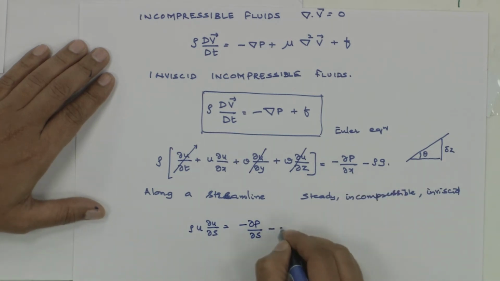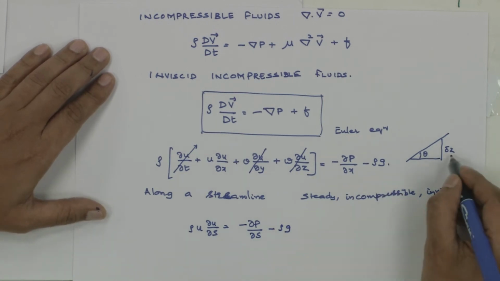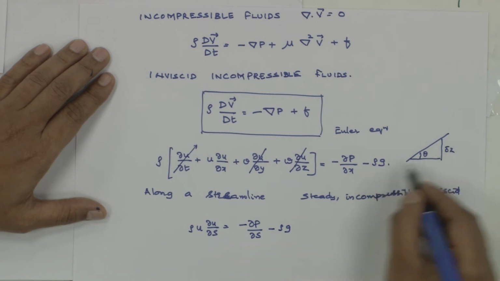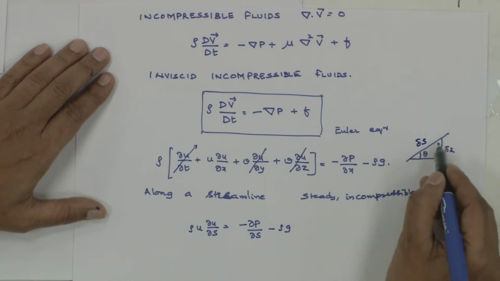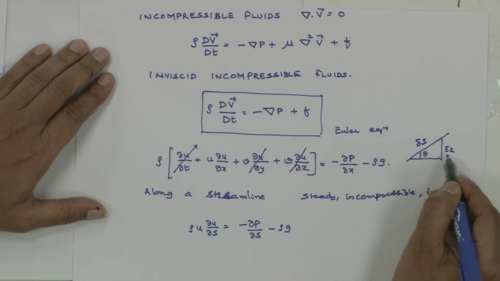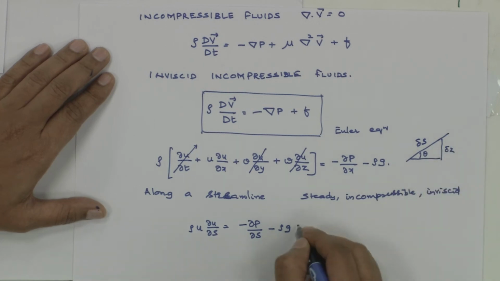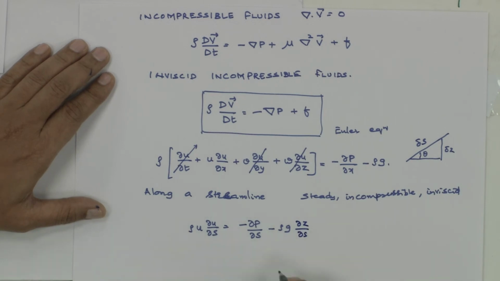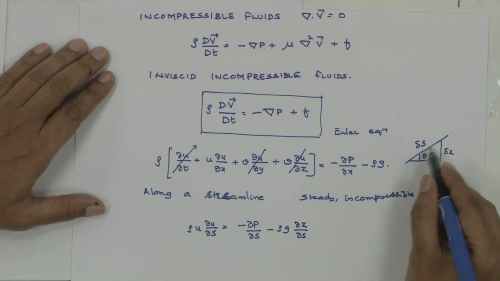Now, minus rho g. I have to take this as delta S, acting on the component in the y direction. That means I will get delta Z by delta S, that is sine theta. I will have to take g sine theta.